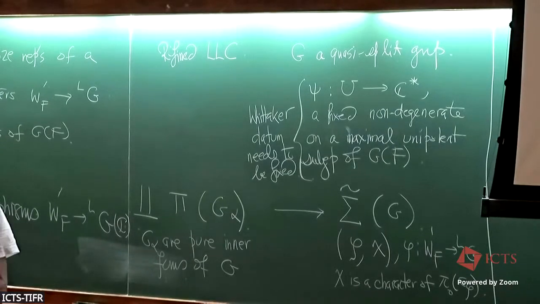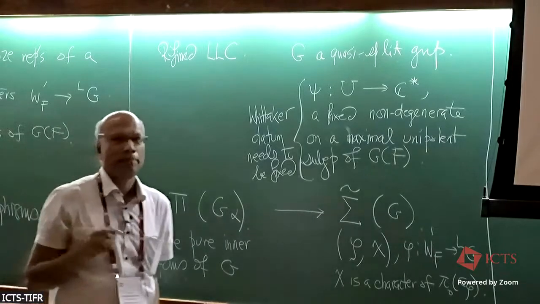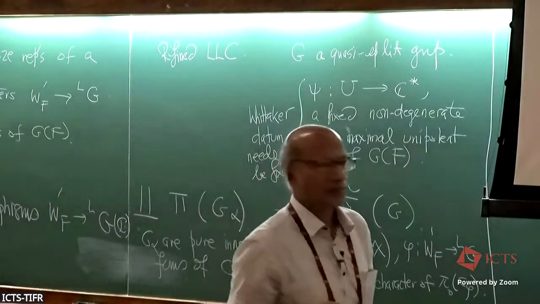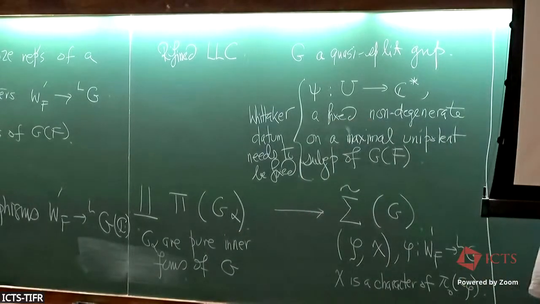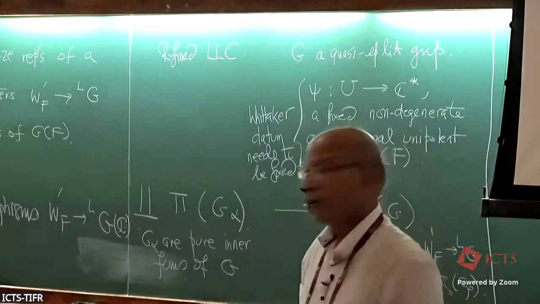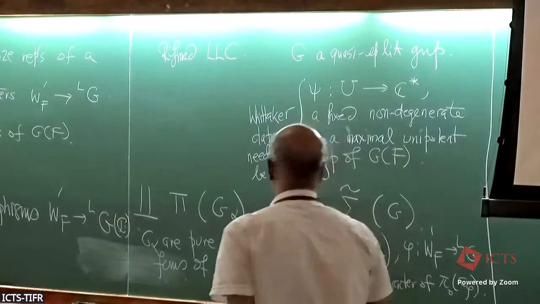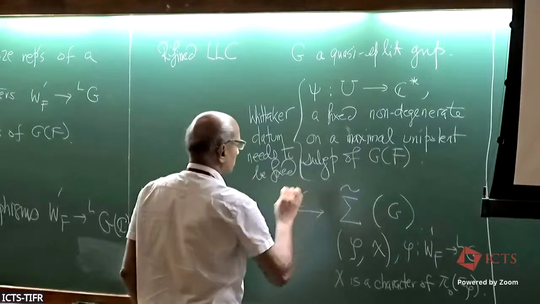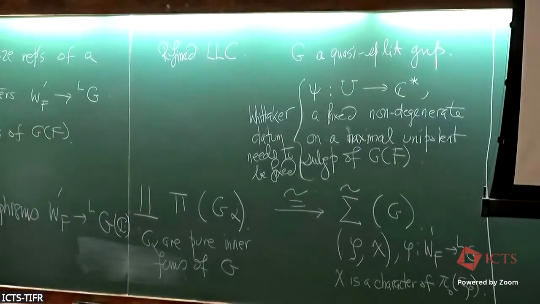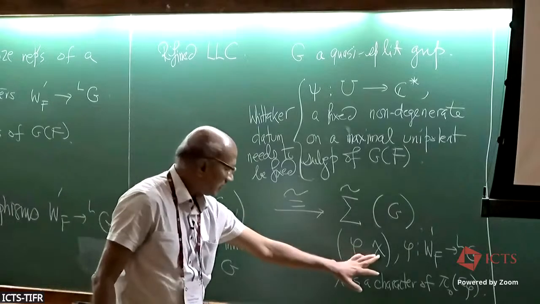I did not say isomorphism classes of irreducible admissible representations because there are theorems due to Bernstein which say that irreducible already implies admissible. Yeah, this is a bijection. No, there is a packet. The packet is this information of this enhancement chi.